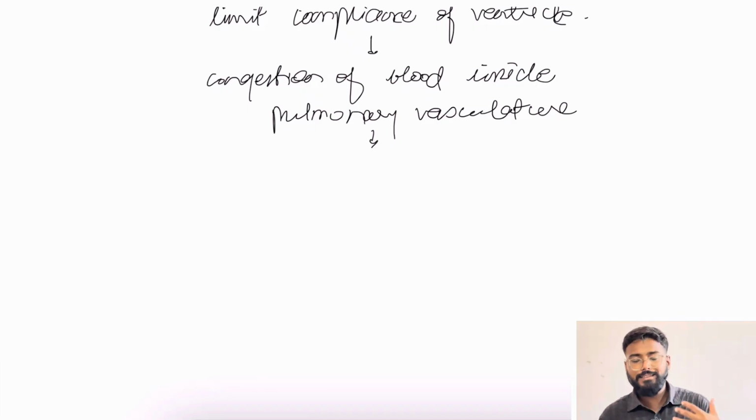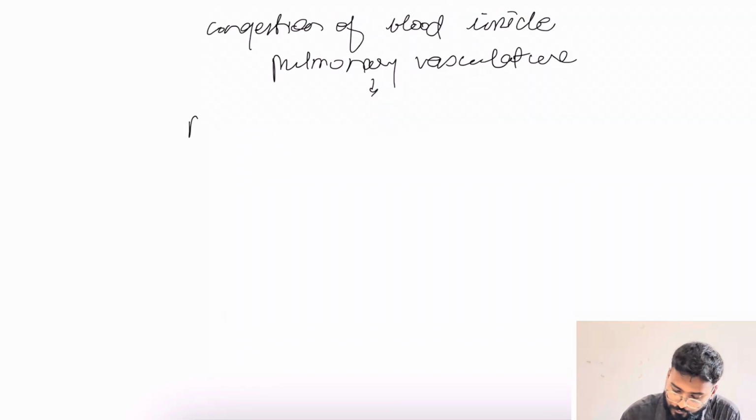Now, whenever there is congestion of blood, that is increased pressure inside the pulmonary vasculature, the fluid is going to leak out of the pulmonary vasculature into the lungs, into your air spaces, your alveoli.